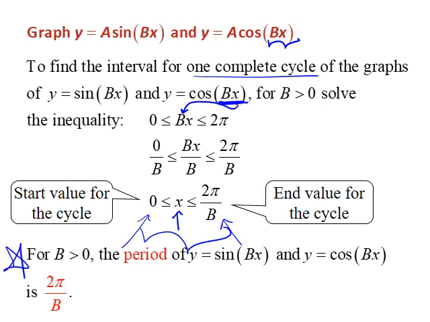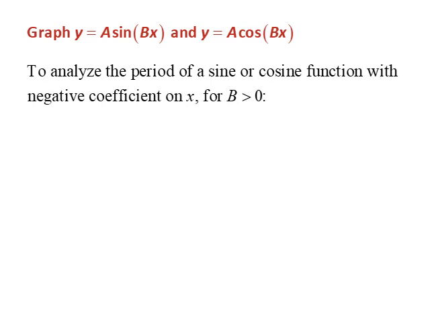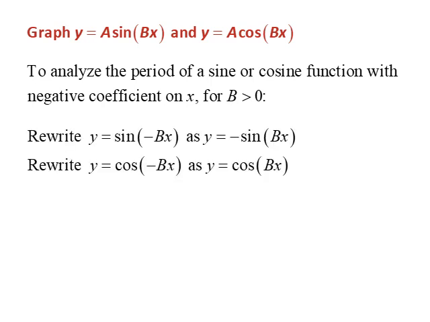And we already talked about this. The period is equal to 2 pi divided by b. So a couple things to mention. Sometimes when we are graphing trig functions, this multiplier in here is negative, and I just want to remind you of what happens with odd functions and even functions.